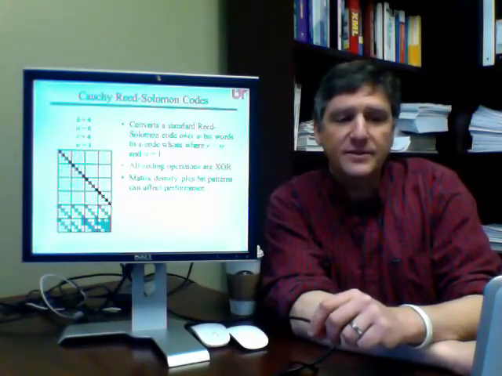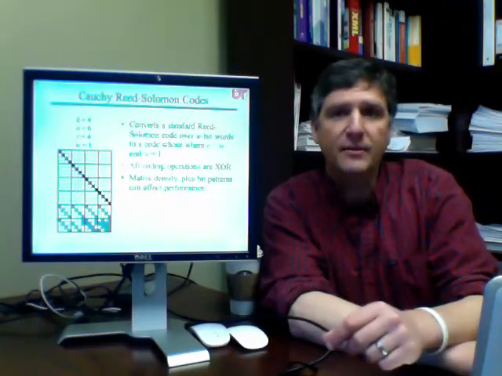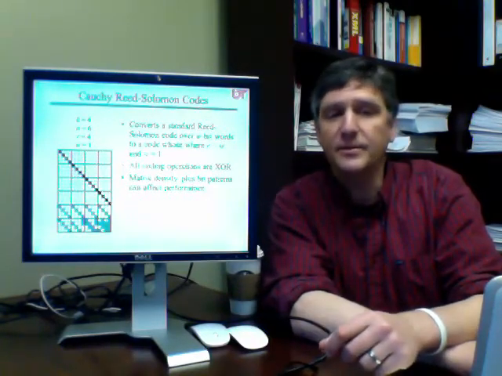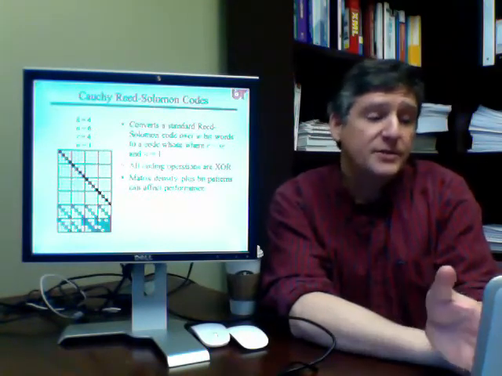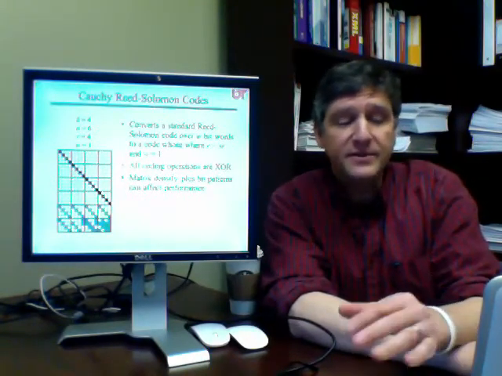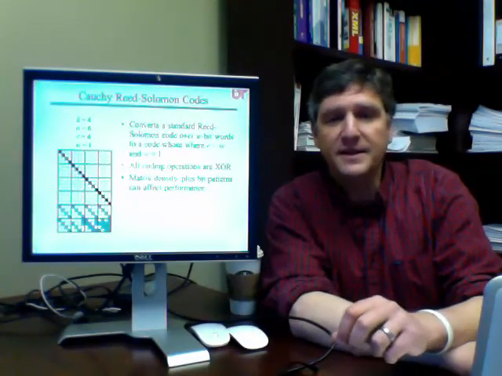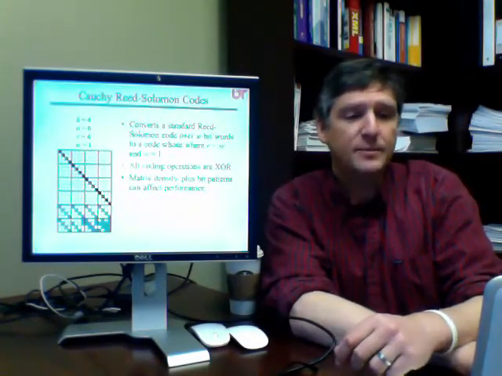The reason that that is attractive is that it eliminates the Galois field arithmetic, and then all of your coding operations become exclusive ORs, which are fast. However, once you do that, the density of your matrix plus some patterns of the bits within it affect the number of XORs you do, and they affect performance.